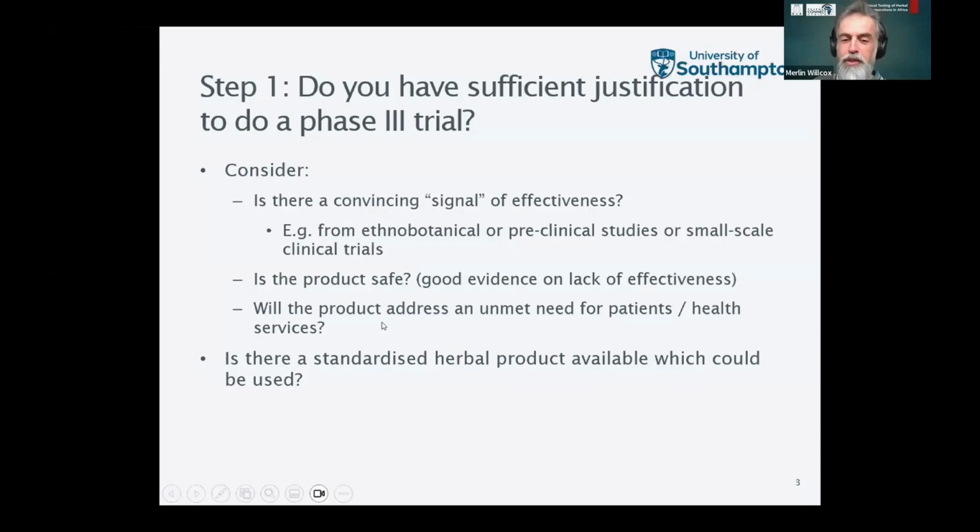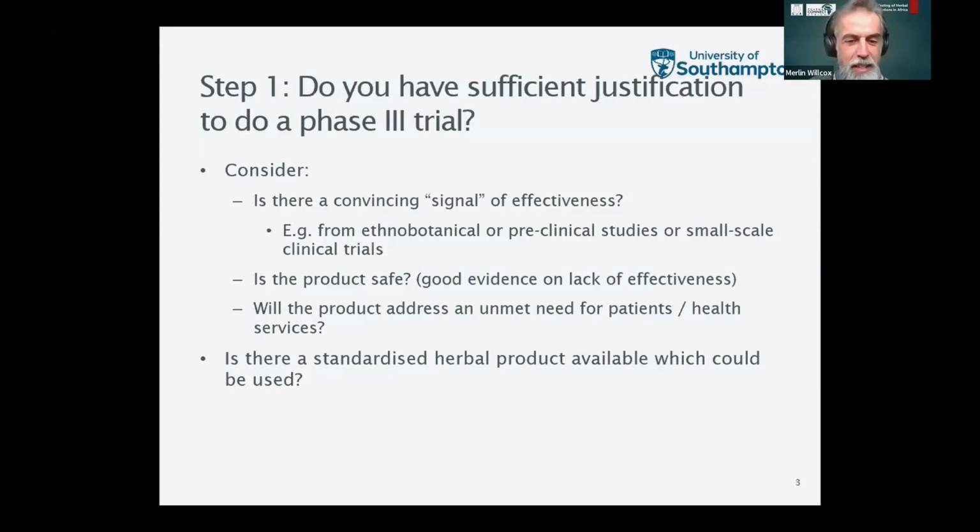Will the product address an unmet need for patients or for health services? There's no point in really doing a clinical trial on something for which a good treatment already exists, which is already available and affordable to everybody. Again, FACA is a good example of this. There is clearly an unmet need for patients with sickle cell anemia, and there's no good conventional treatment for that.